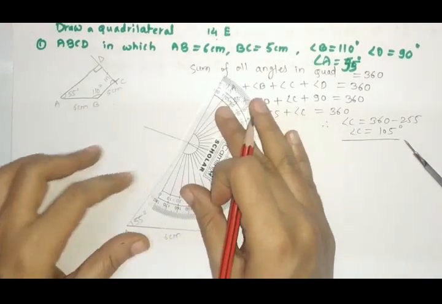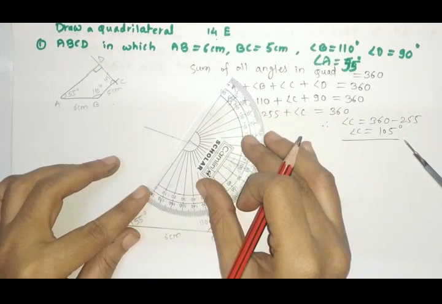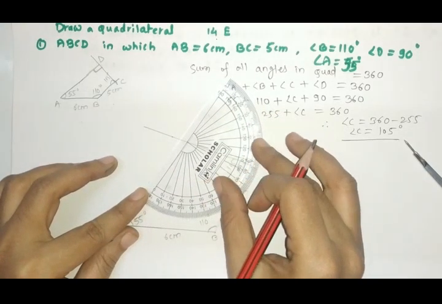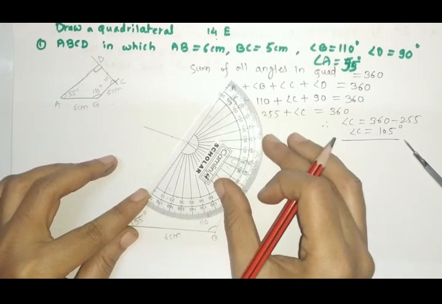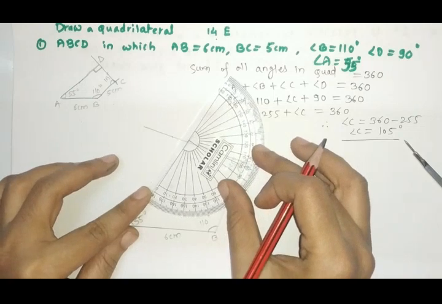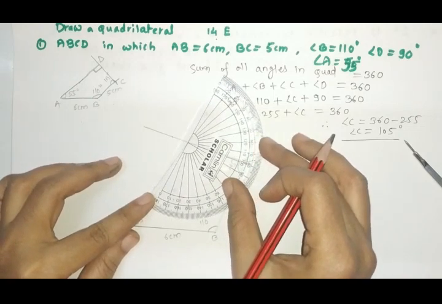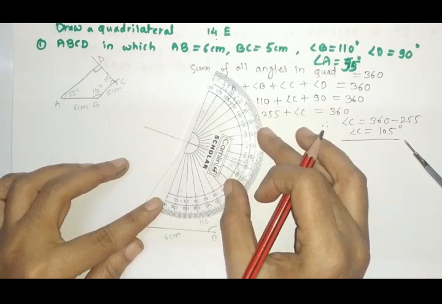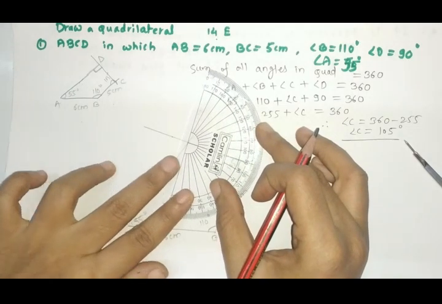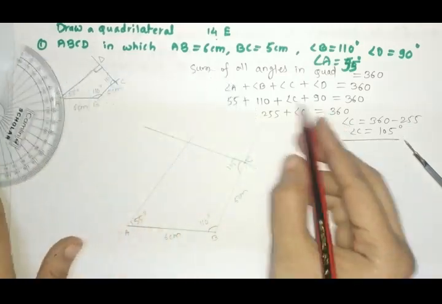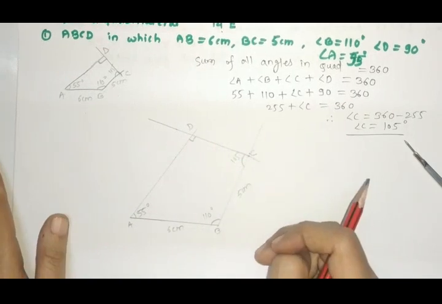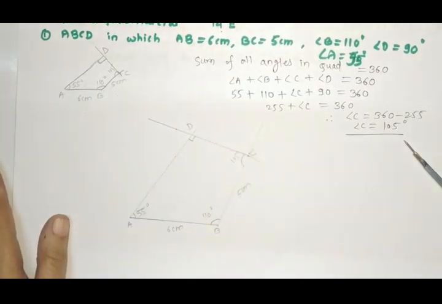And if you measure, it is going to come 90 degree. Yes, if you see this angle, it is coming 90 degrees. So this is D. So this is the quadrilateral ABCD.